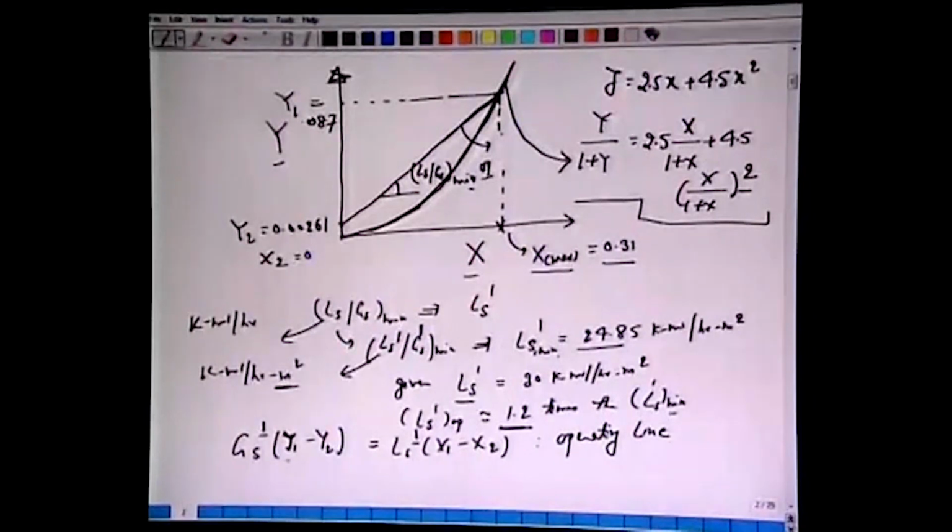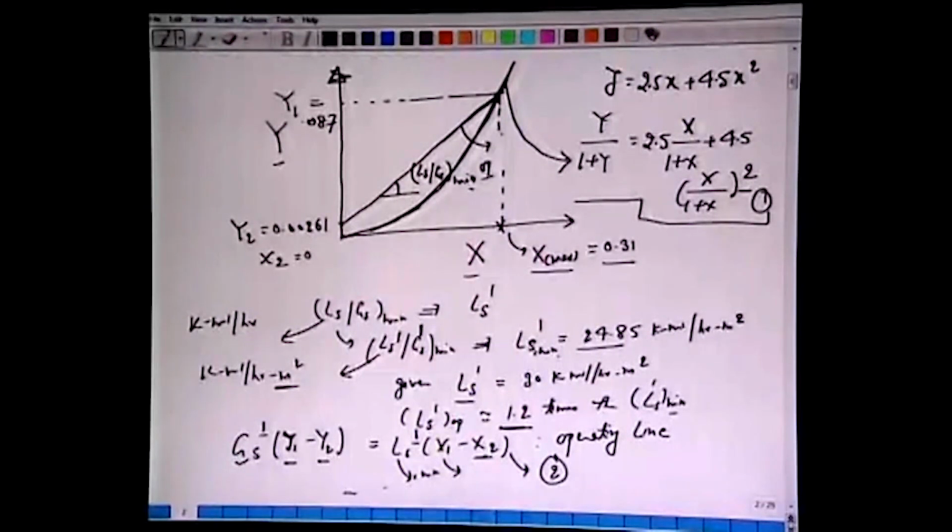Now Y1 is given to us, Y2 is known, x2 is known to us, which is 0 here, x1 is not known, and LS minimum is not known. GS prime is given to us. We are supposed to solve equation 2 with equation 1 if we want to solve analytically.